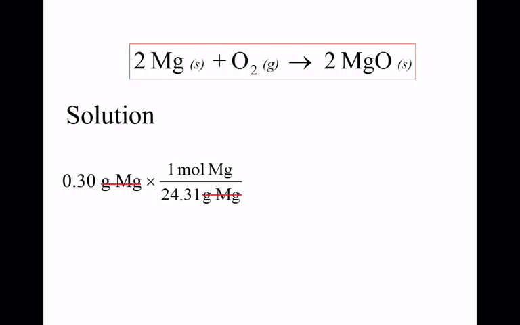Now we need moles of magnesium to cancel and be left with units of moles of magnesium oxide. Here we focus on the relative number of moles of each, which is 2 to 2. I would leave it 2 to 2 instead of reducing it. So we're going to put 2 moles of magnesium on the bottom and 2 moles of magnesium oxide on the top.